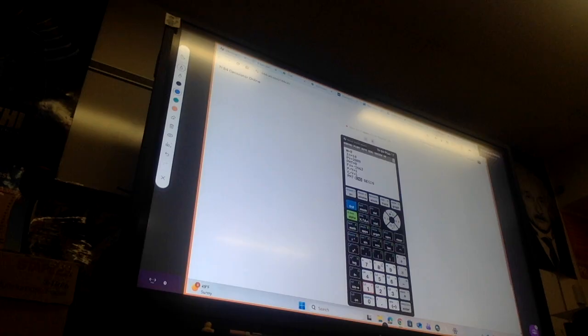So what does quarterly mean for you guys? How many times a year? 4. Okay, so I have 4 payments that are going to take place on this, and we are dealing with 6 years. So you can go 4 times 6, and you can just do the 4 times 6 here, and it's going to convert it right away to 24. And then we are getting 8%.